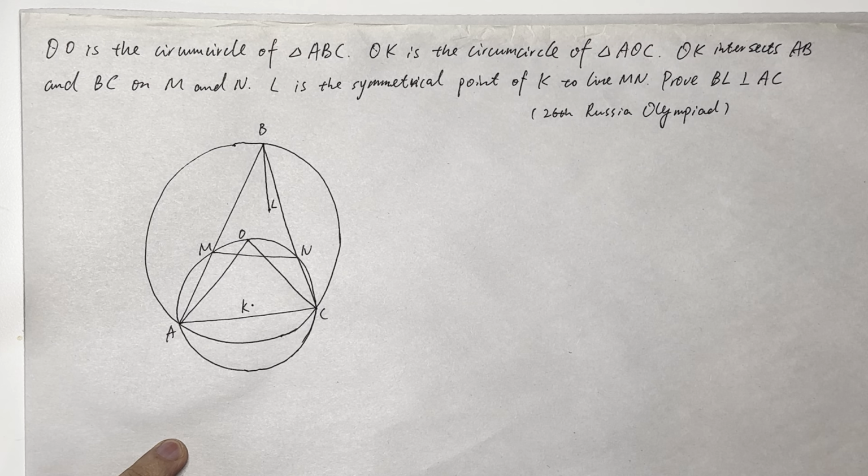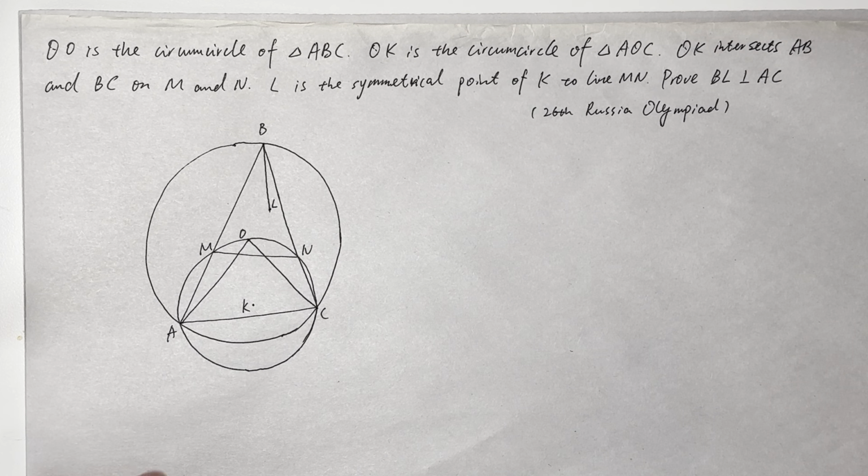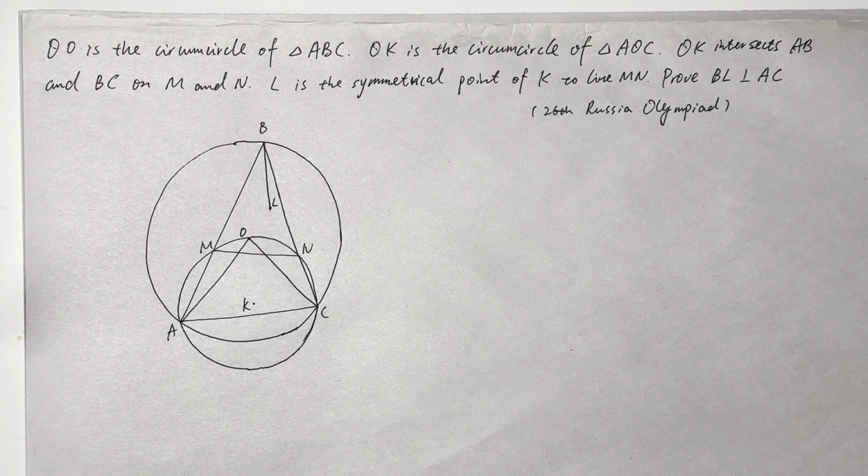Normally, if we want to prove two lines are perpendicular and we don't have any absolute angle numbers, we want to find some other lines perpendicular to the target line.